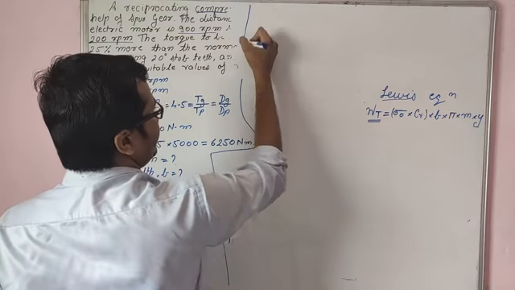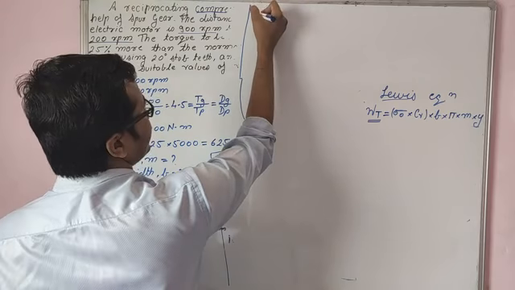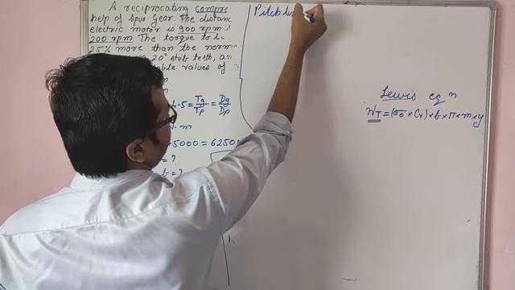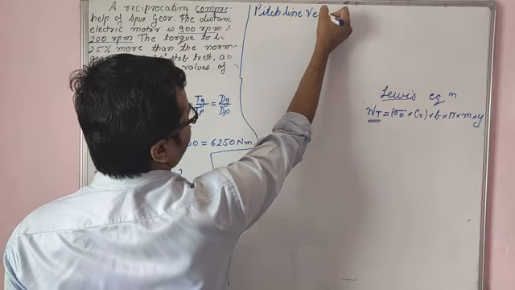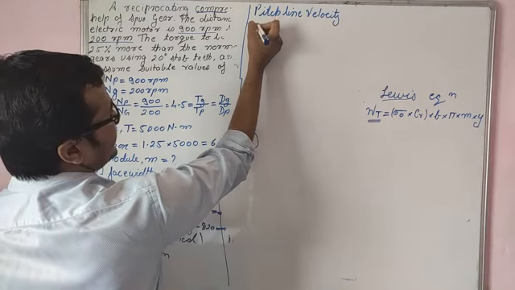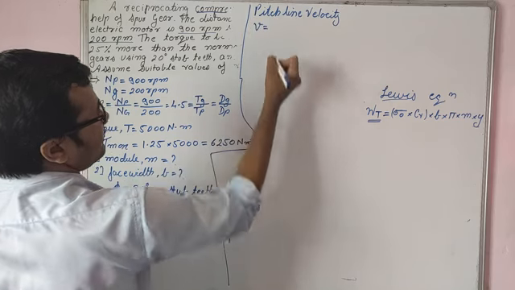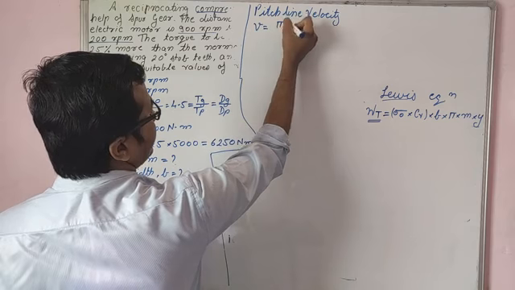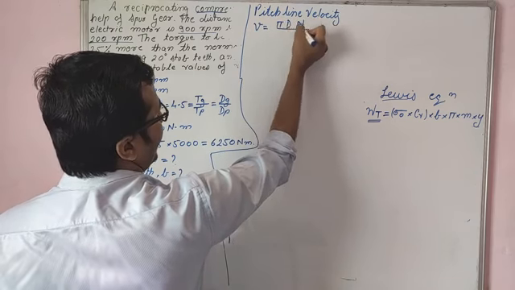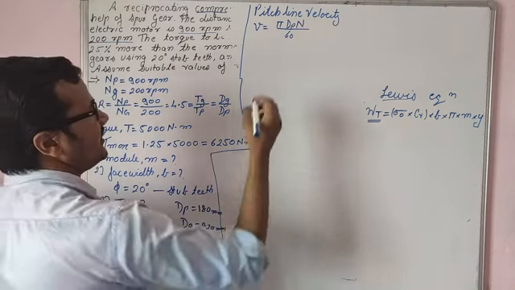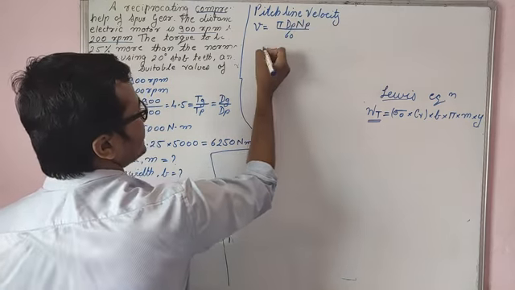Can I say that the pitch line velocity, that is small v, is nothing but equal to pi dn by 60, and when we take the pitch circle diameter of pinion, the speed of pinion is to be taken.